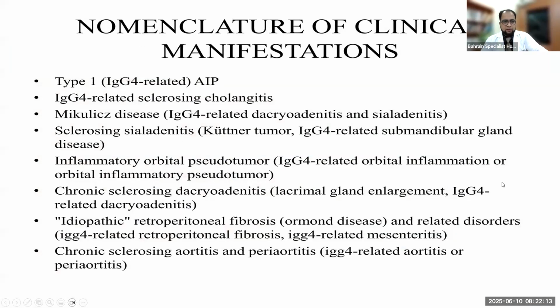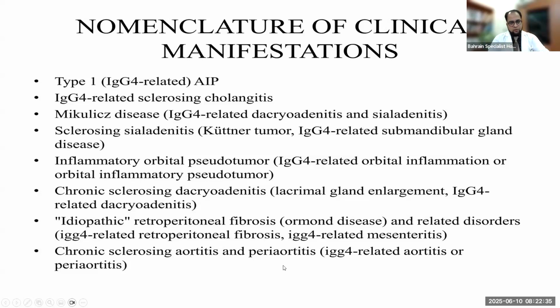So coming to the clinical manifestations, the disease is multi-organ. It presents with symptoms depending upon the organ of involvement. The earlier nomenclatures are being replaced by IgG4 related terminologies once these have been diagnosed.